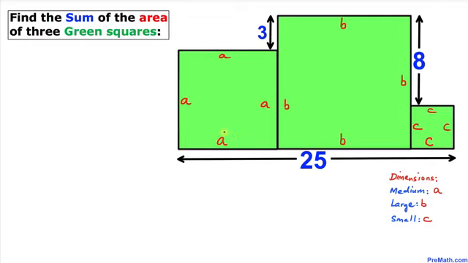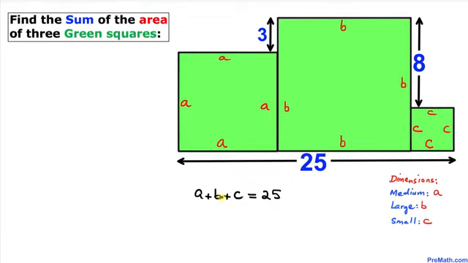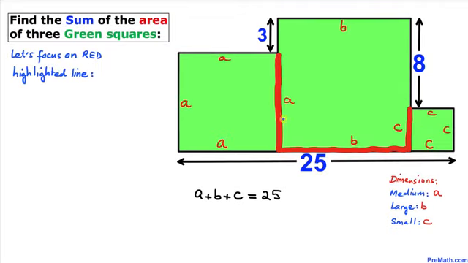Now let's look at these side lengths A, B and C. If we add these up, that's going to be equal to 25. Therefore A plus B plus C equals 25. Now let's focus on this red highlighted line.